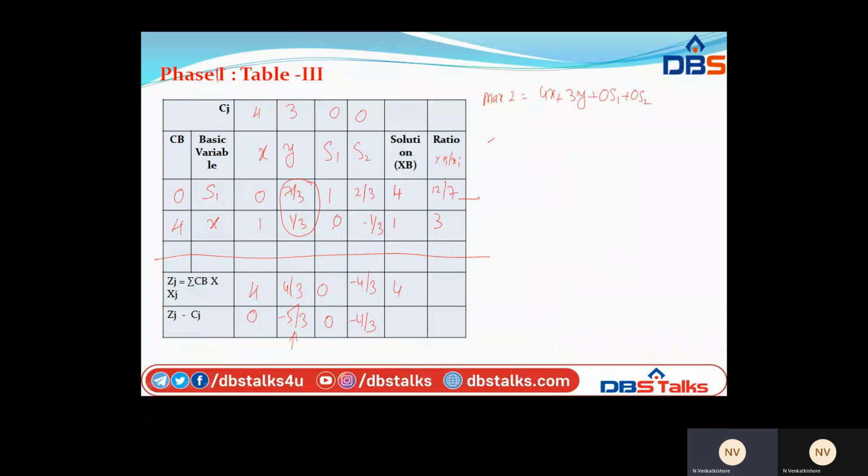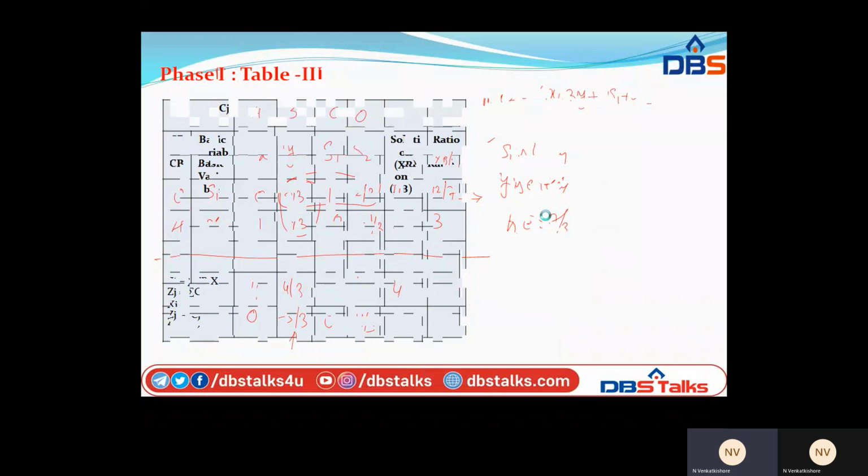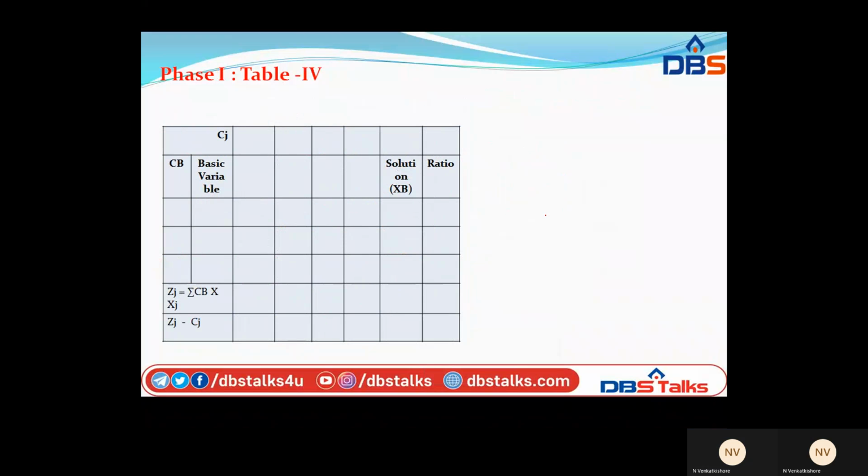By eliminating the least positive, S1 is leaving and Y is entering. So the key element is 7 by 3. Then if you go for the next table, we are just copying the same.